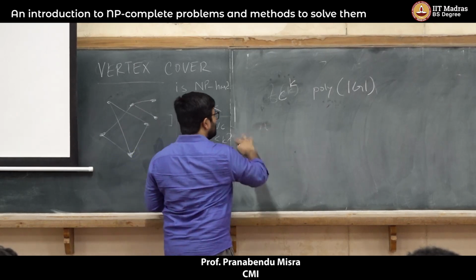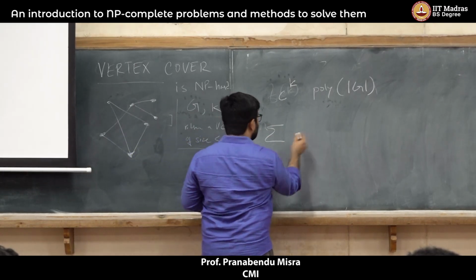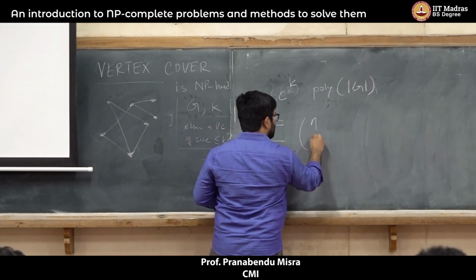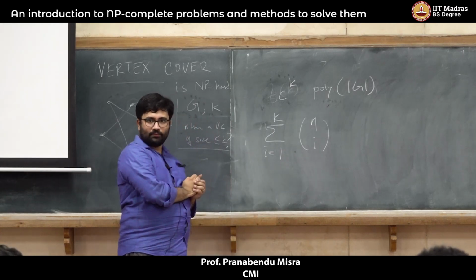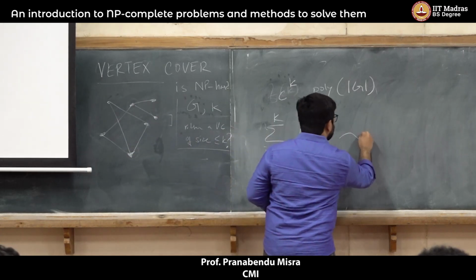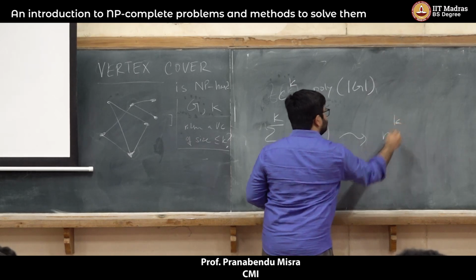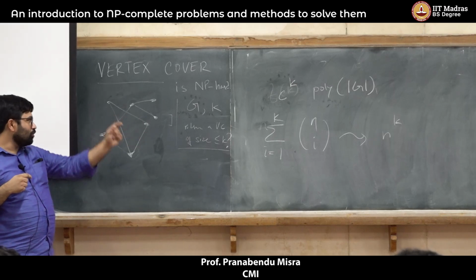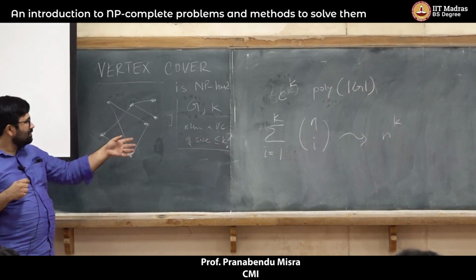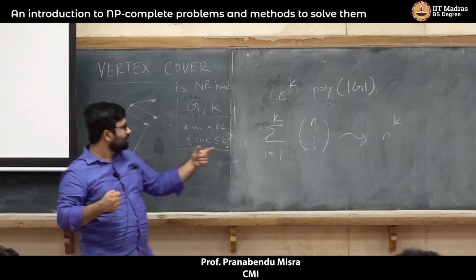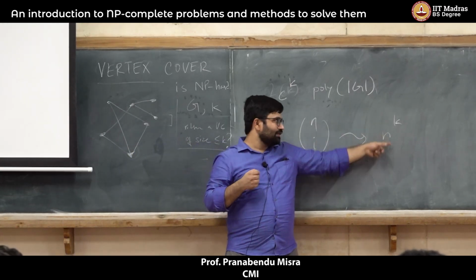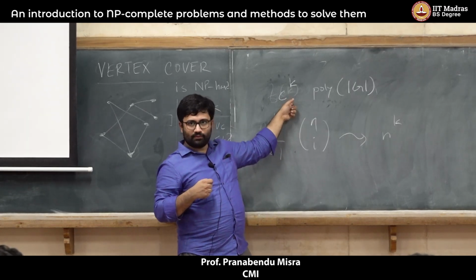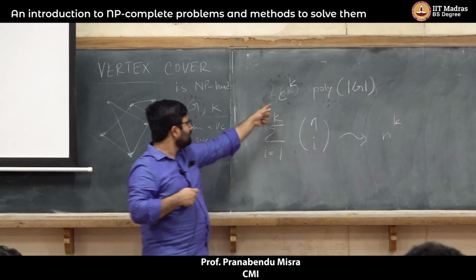So the running time of this algorithm is proportional to the sum of n choose i for i from 1 to k, which will be approximately n raised to k. If k is sufficiently large, that will approximately be 2 raised to n. But even if that is not the case, the running time for any k is typically something like this, whereas we would like something like this. So any ideas on how we can maybe do that?